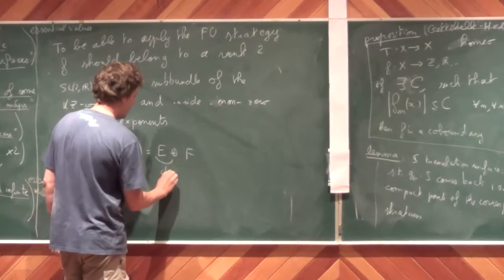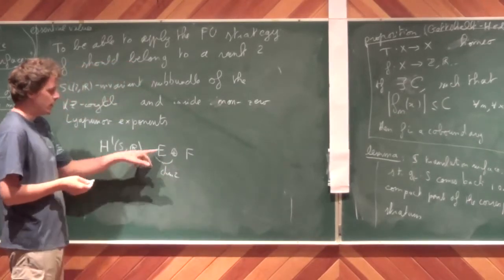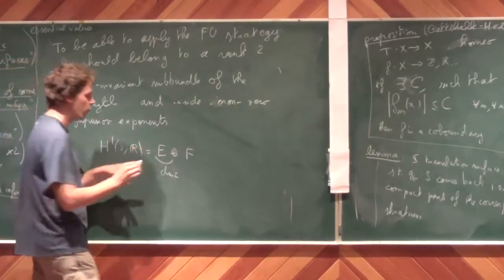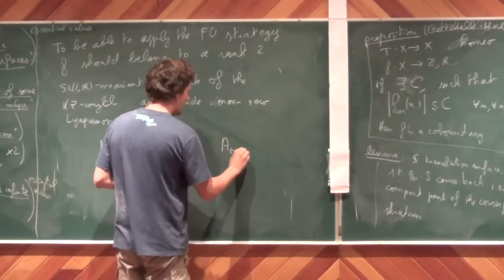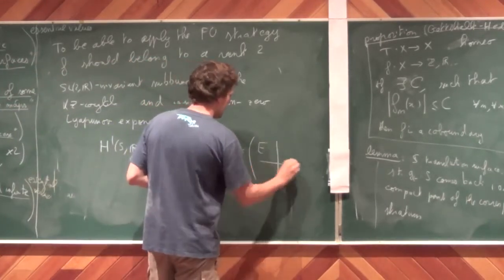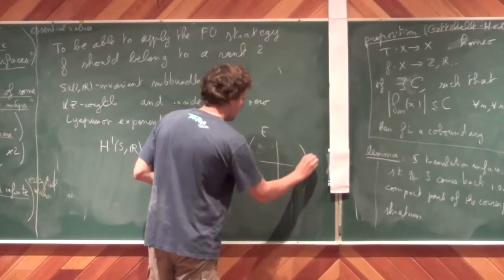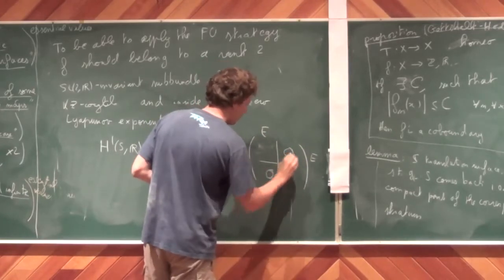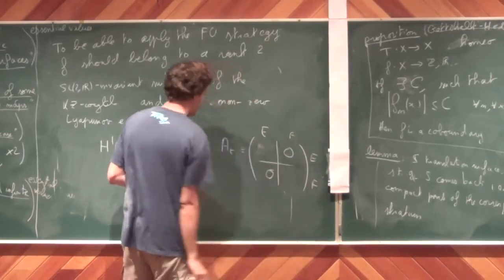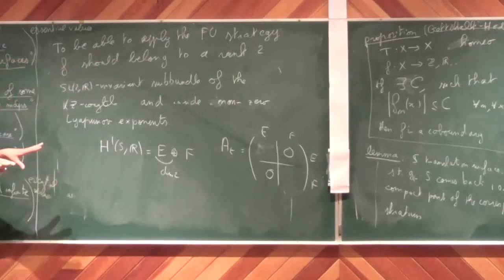This is dimension 2. And your matrix is diagonal with respect to those two blocks. And all your matrices A_t look like E, 0, 0. So you have two subspaces which are preserved by all your matrices. And this happens in two different cases.